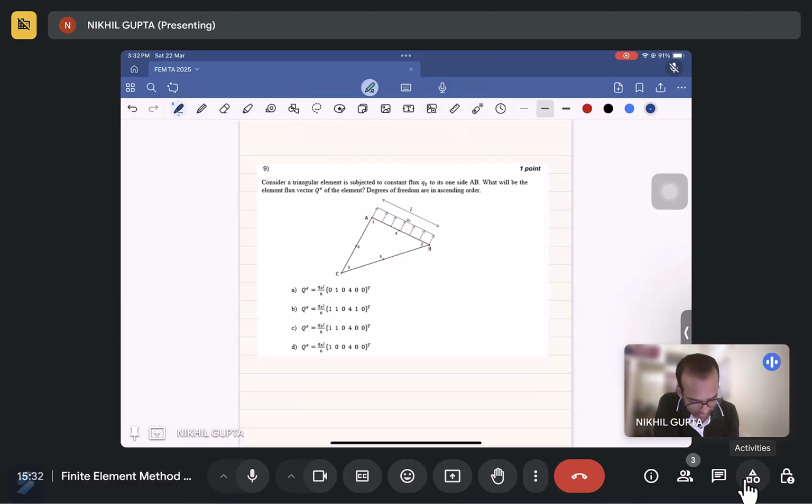Consider the triangular element is subjected to constant flux Q naught on one of its sides, AB. What will be the element flux vector QE of the element? Degrees of freedom are in ascending order.